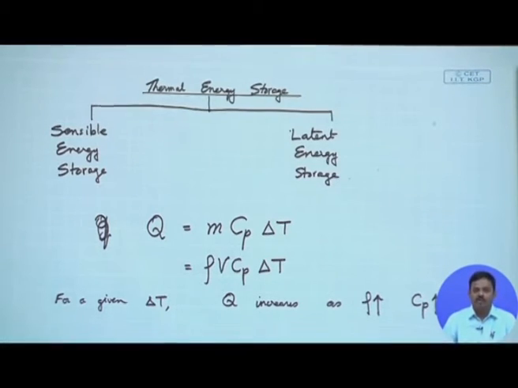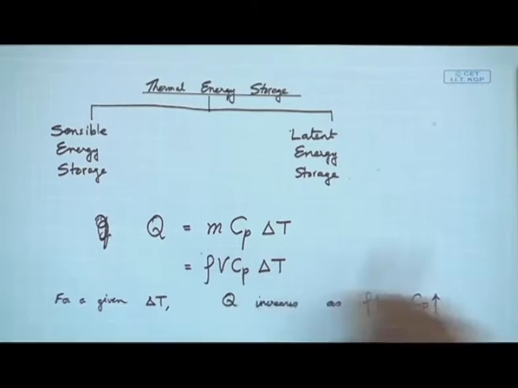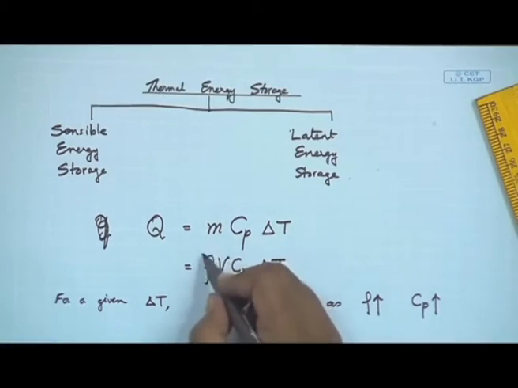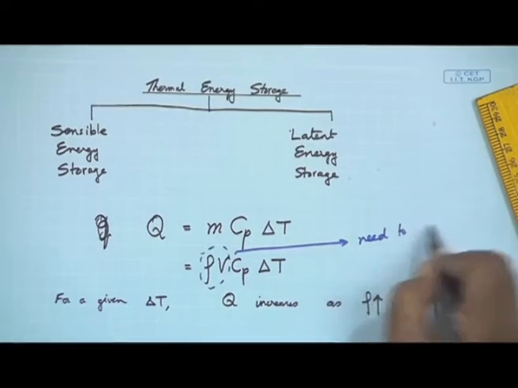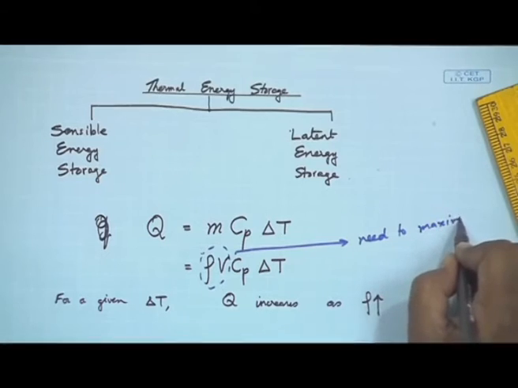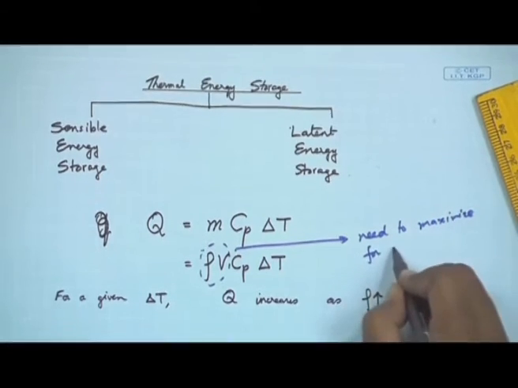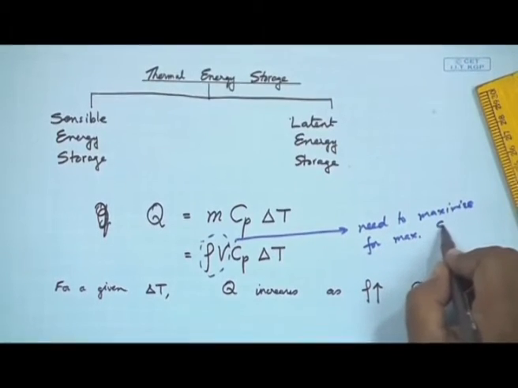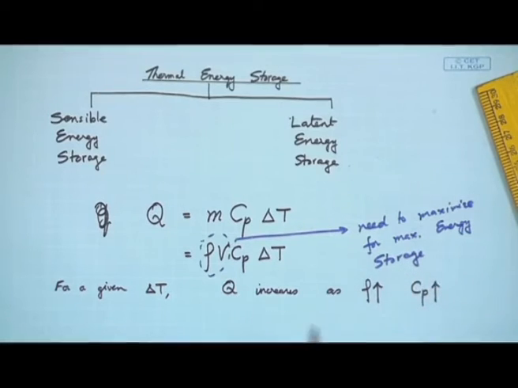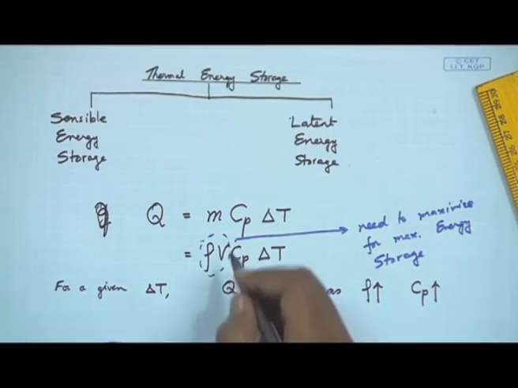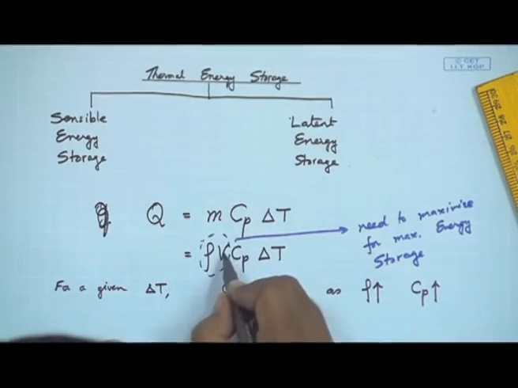Therefore, what we need is to maximize this product of rho times Cp for maximum energy storage, clear. This is also sometimes expressed as needing high thermal inertia or high thermal mass, both of them go together. Sorry, I am extremely sorry, this is not rho V.